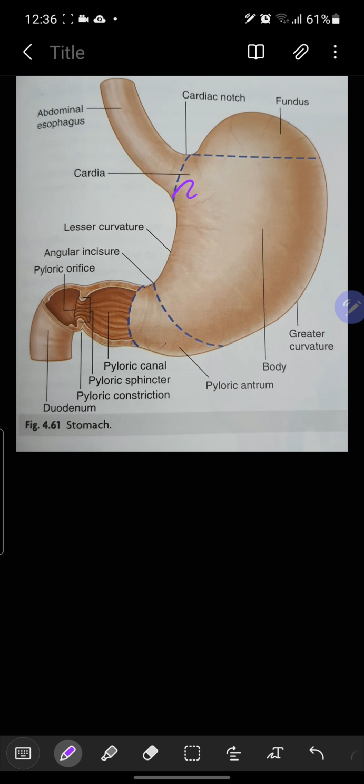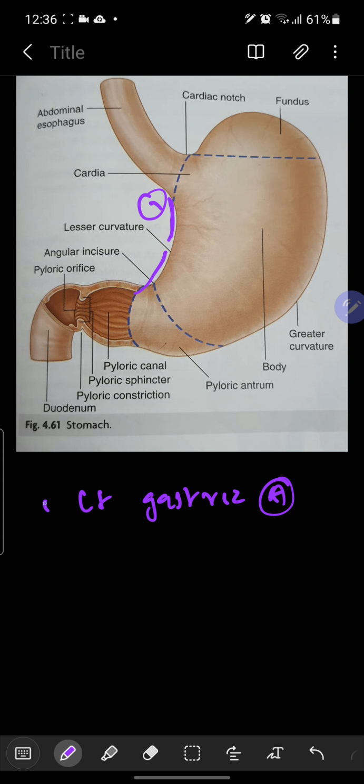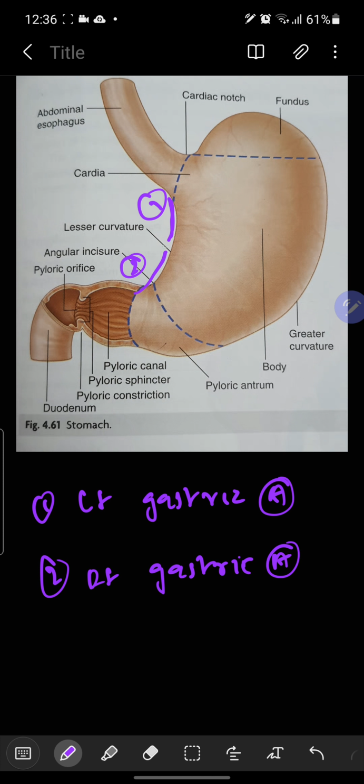So the arterial supplies are here left gastric artery, here right gastric artery. Left gastric artery, this one, and second one right gastric artery. So they are supplying at the lesser curvature. Here you are having short gastric artery.